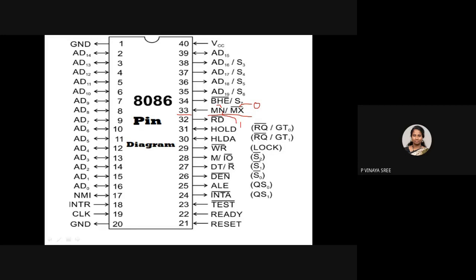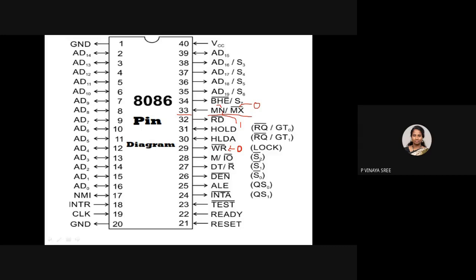Similarly, wherever you have a bar, it indicates an active low pin, meaning that pin will be enabled when it is 0. For example, it is mentioned as write bar, which indicates the processor will perform a write operation if the signal is 0, that is, low.